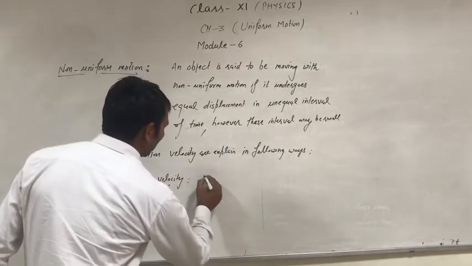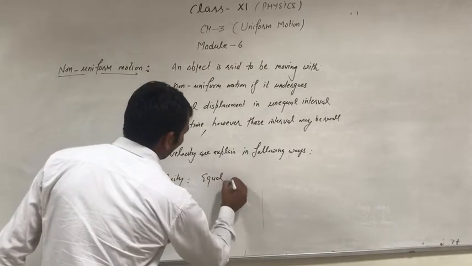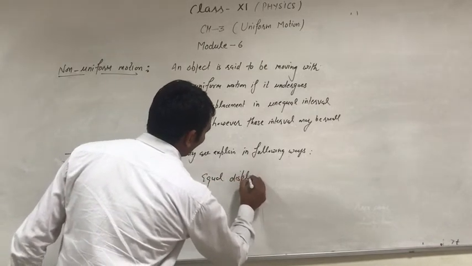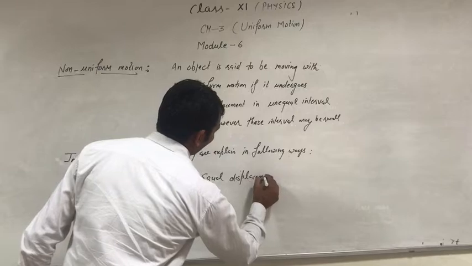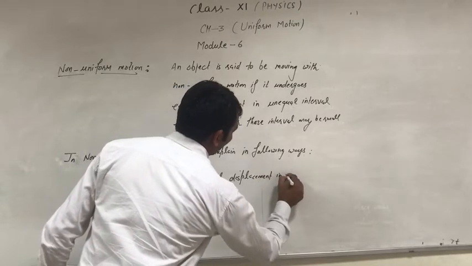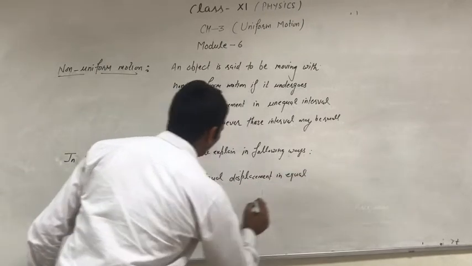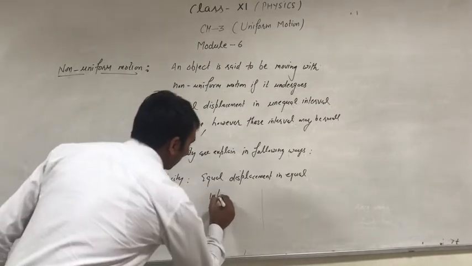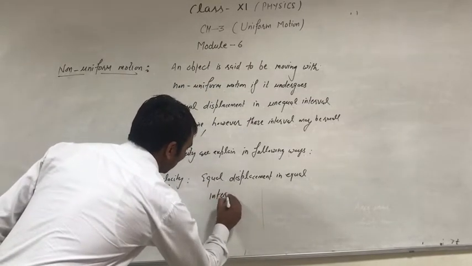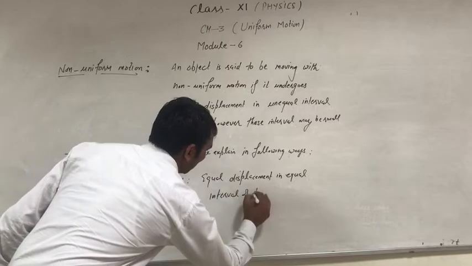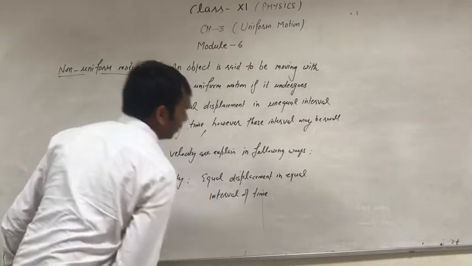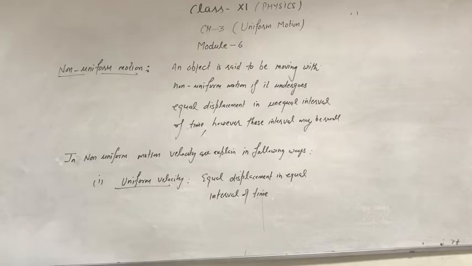Equal displacement in equal intervals of time is called uniform velocity.